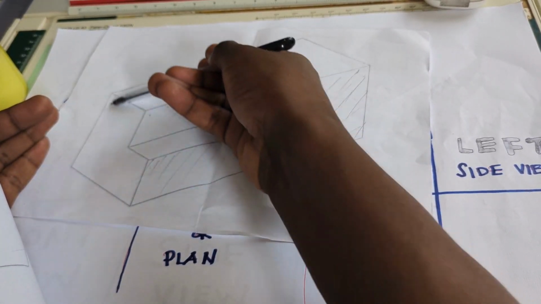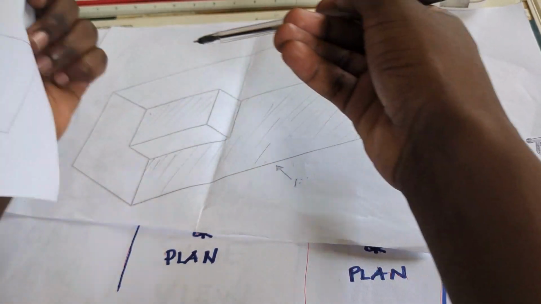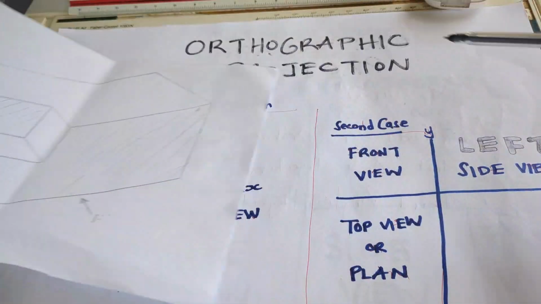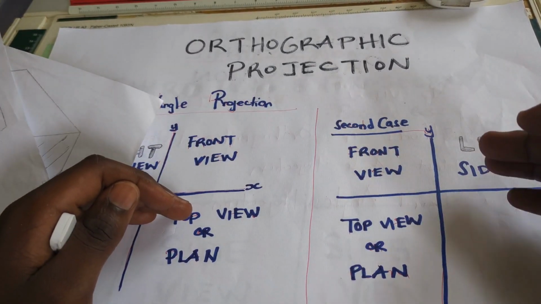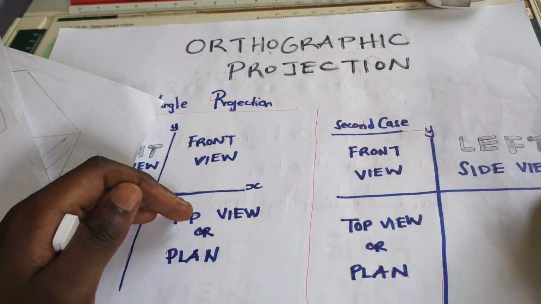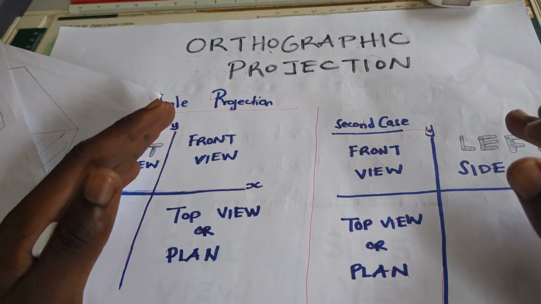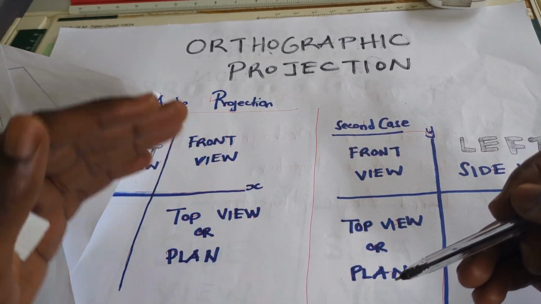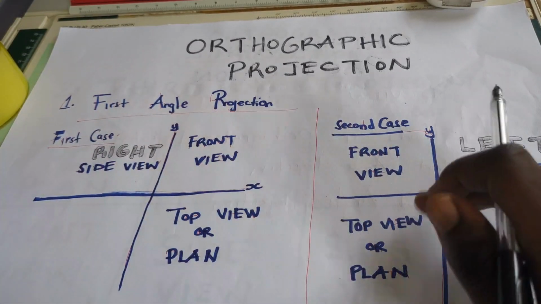So if this is the left side on the orthographic projection, we are going to place the left side on the right side of our Y and X axis where we are portraying the views of orthographic projection. So here you shall see the top is always at the bottom for the first angle projection.